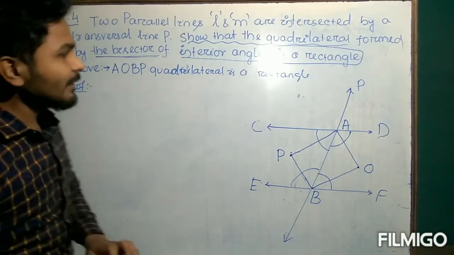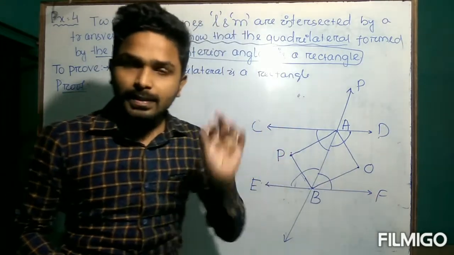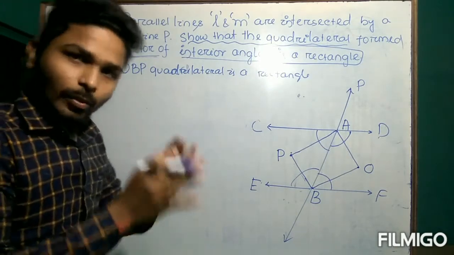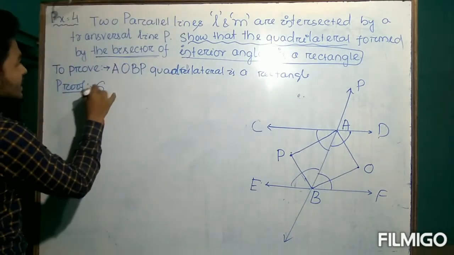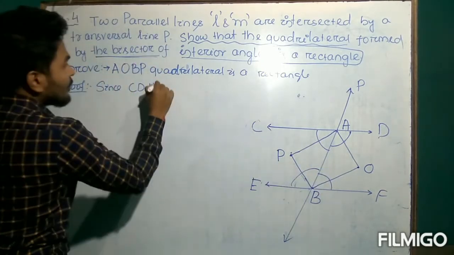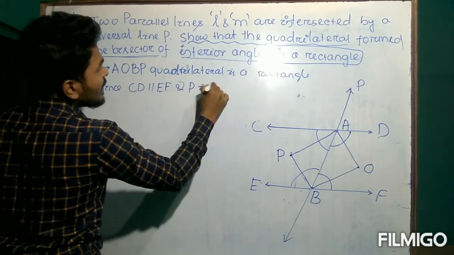Initially it is given that line CD and line EF are two parallel lines. It is given, and this P is the transversal line. Yes or no? Yes. So since CD is parallel to EF and P is the transversal.